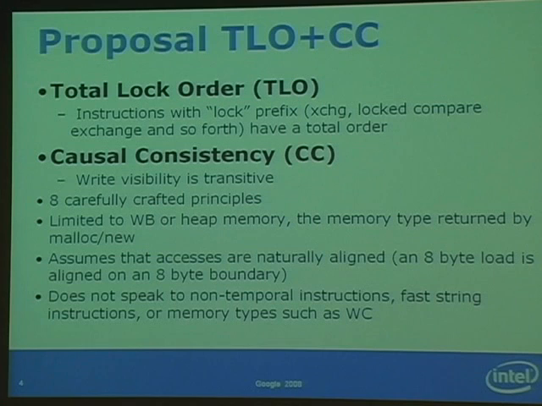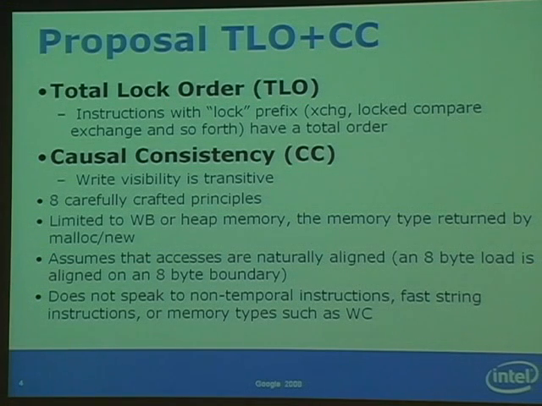Okay, so let's just dig right in here. How are we changing processor ordering, which is the name of our model? We actually are making it more specific. The way that we're making it more specific is introducing this concept of TLO plus CC. TLO stands for total lock order.